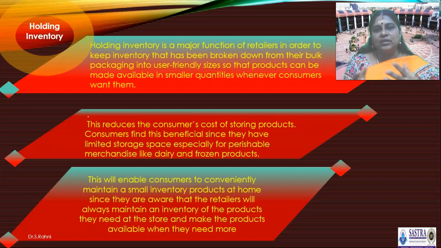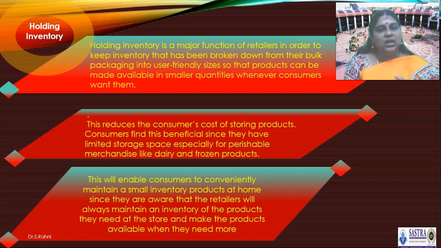He may be buying 10 kg or 15 kg from the farmers, and he will bring the vegetables to his store, and the customer may be asking for half a kg or quarter kg for their daily usage, because they don't have that much space in their fridges.